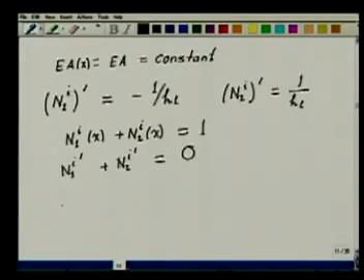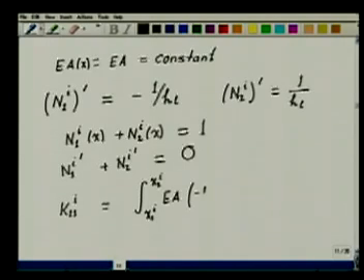Fine. So using this, let us now go to our element calculation. So what will k11 of element i be equal to? It will be equal to the integral from x1 of i to x2 of i of EA, which is now a constant for this particular example that we are taking. Now n1i prime is equal to minus 1 by hi. Again n1i prime is minus 1 by hi, dx.